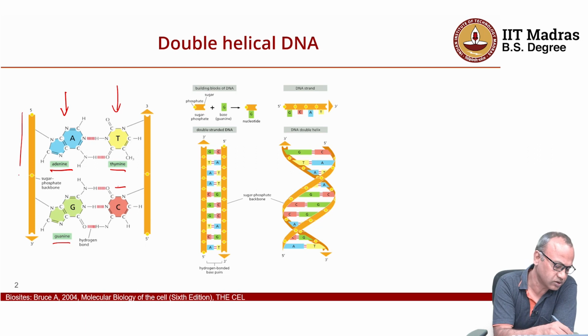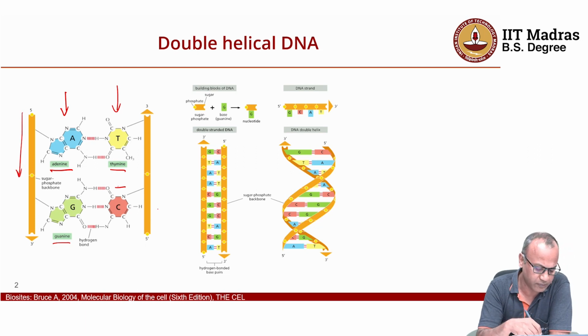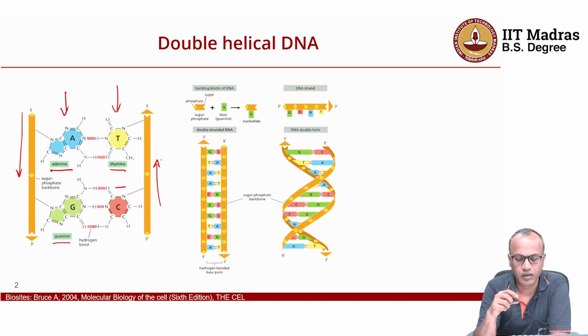One strand runs top to bottom, 5 prime to 3 prime, the other runs bottom to top, 5 prime to 3 prime. As we discussed, this is a unique property of DNA throughout the different kinds of life forms, including bacteria, viruses, and humans.